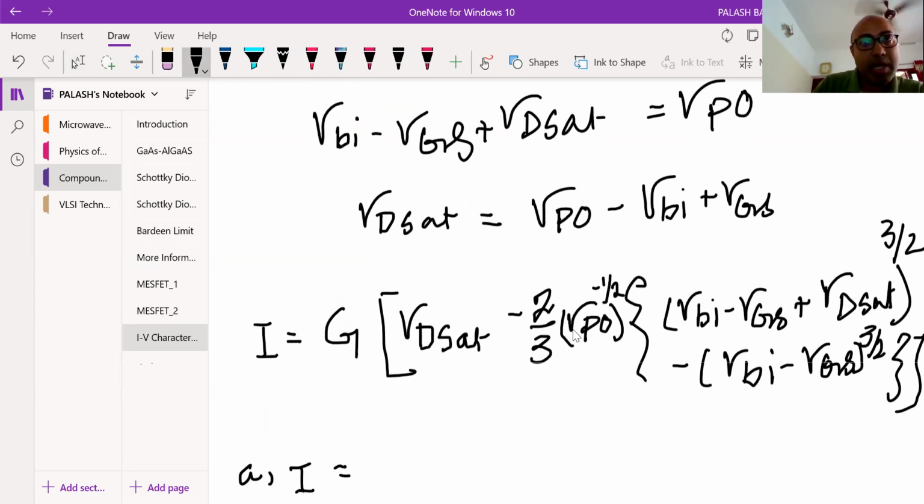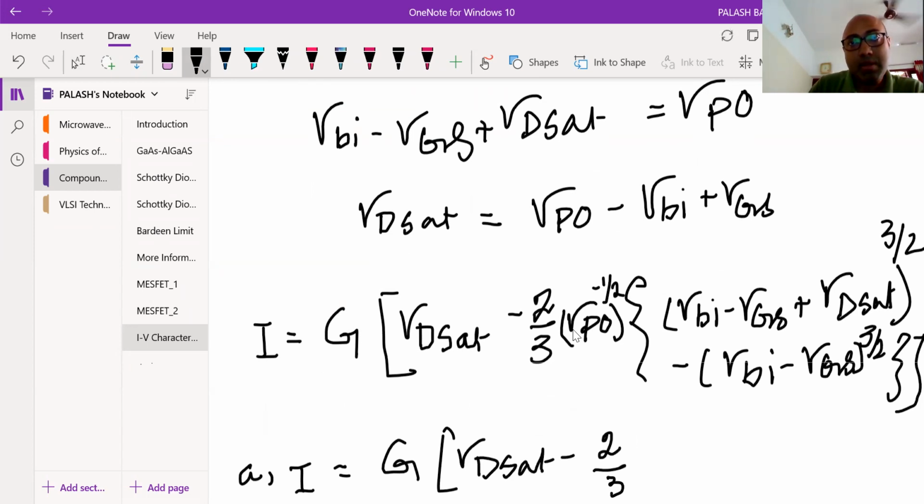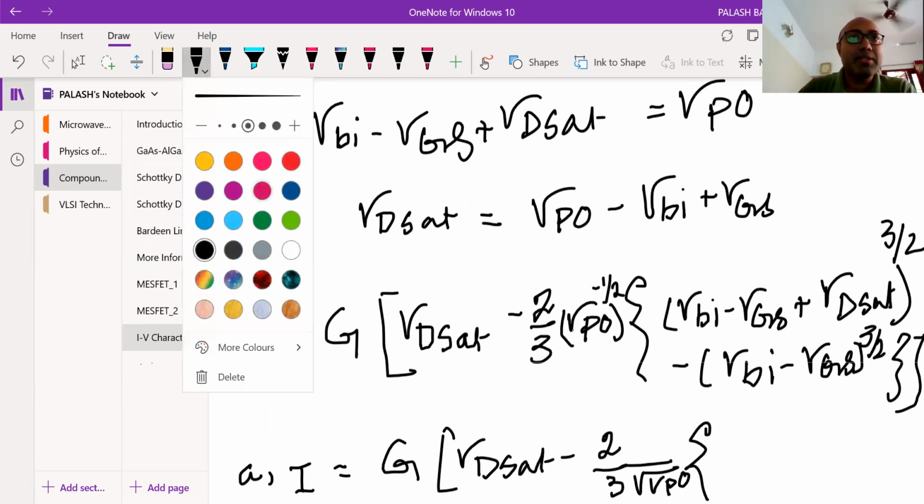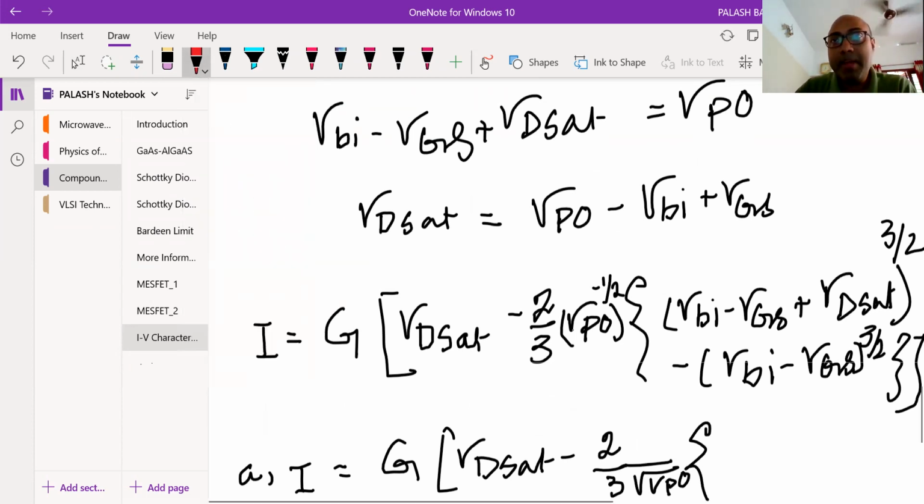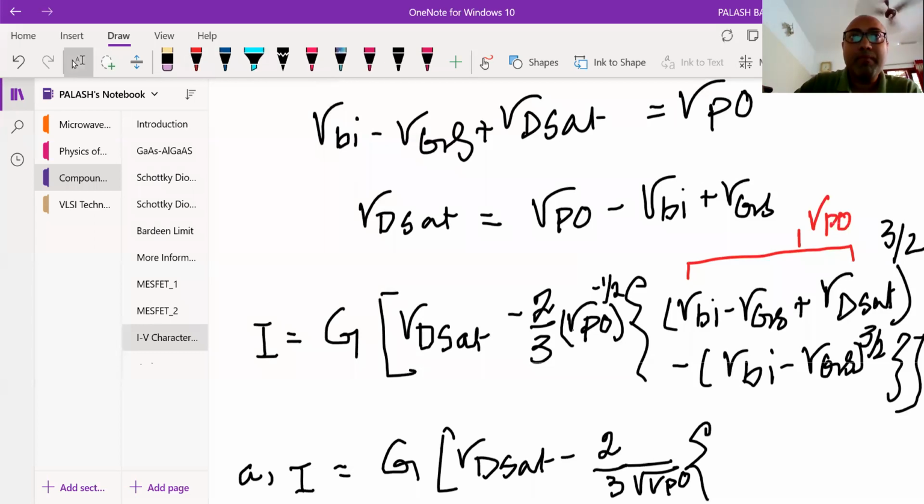I is equal to C, VD sat minus 2/3 of VP0. You know this part, just carefully observe. VBI minus VGS plus VD sat, what is that? VP0, right?